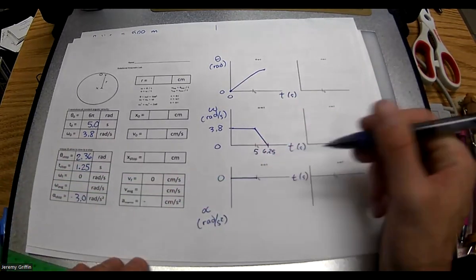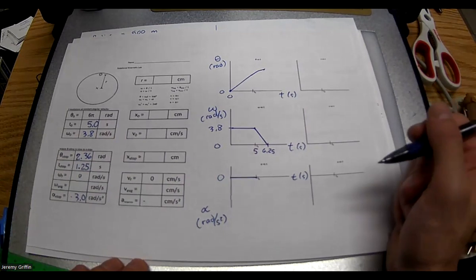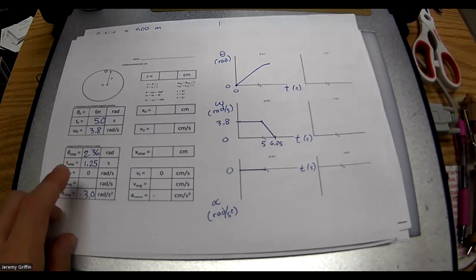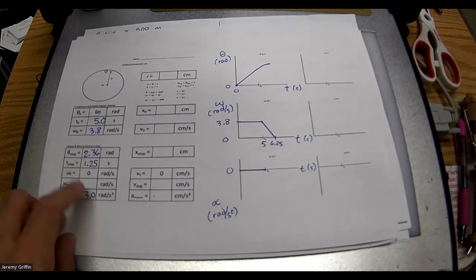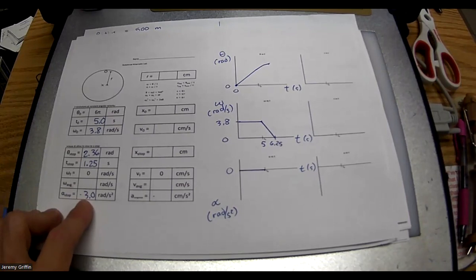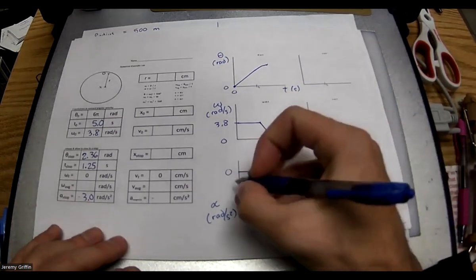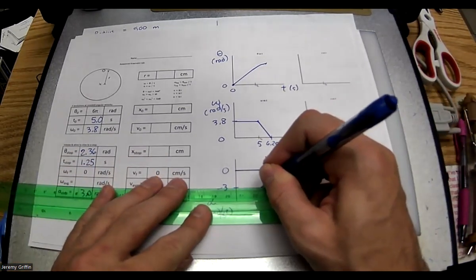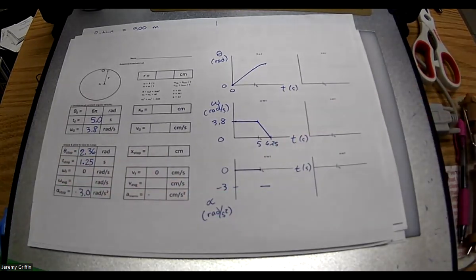Just 0, just like that. Okay, and then I take my hand off and it slows to a stop. Oh, did we already calculate that that's -3 radians per second squared? It was losing 3 radians per second every passing second. Okay, so I'm going to go here, go -3, and then that right there.